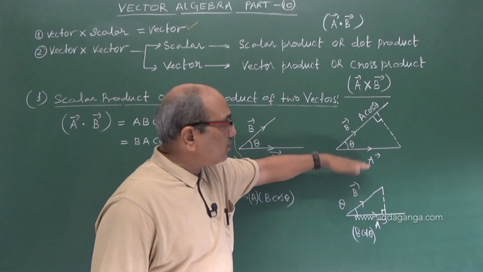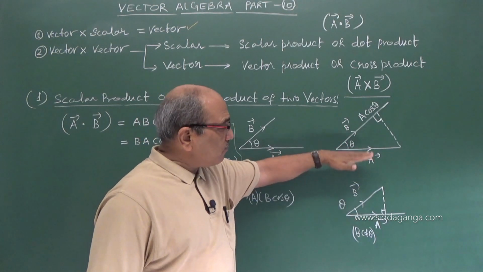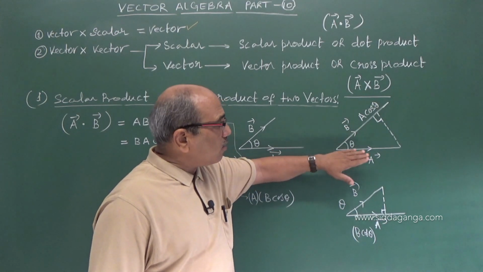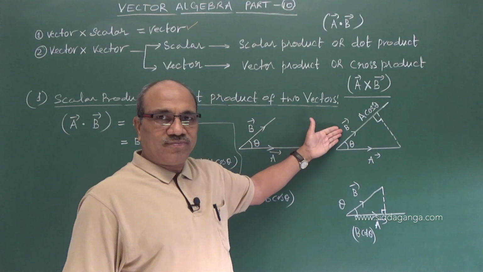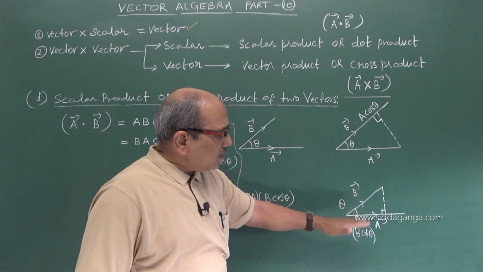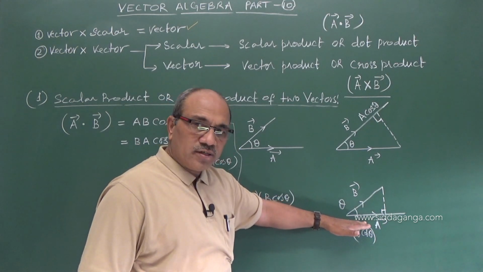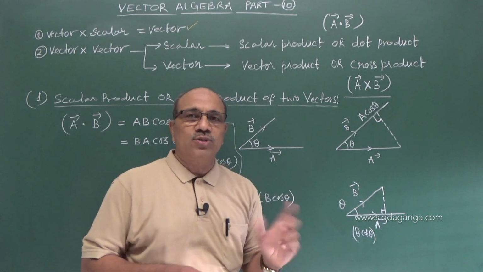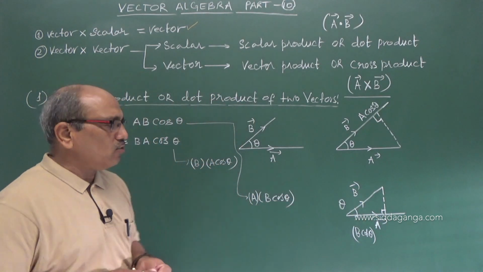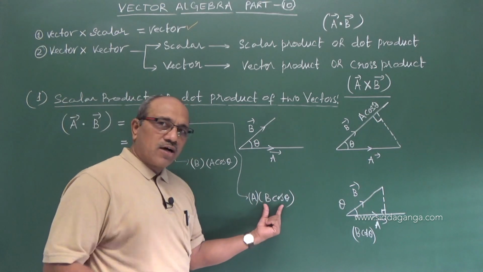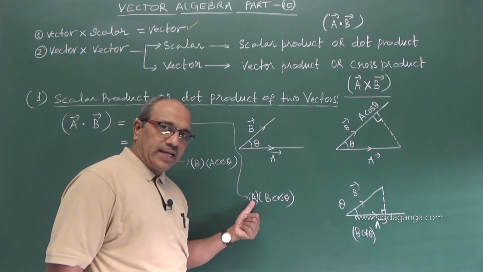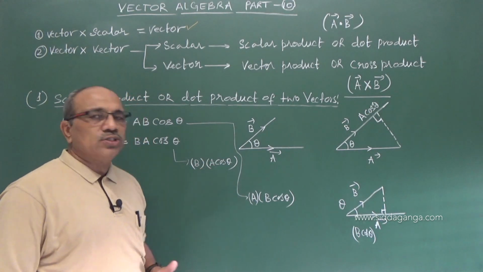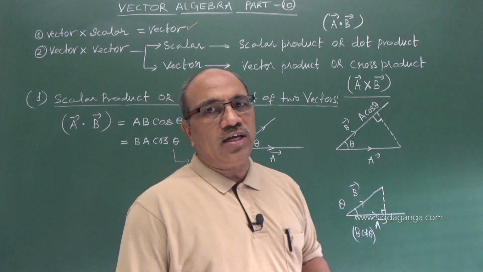That is, the product of the magnitude of vector B and the component of A in its direction, or the magnitude of A and the component of B along A. That statement can also be taken, but I hope you have understood. Here, component of A along B. This product gives you the scalar product.